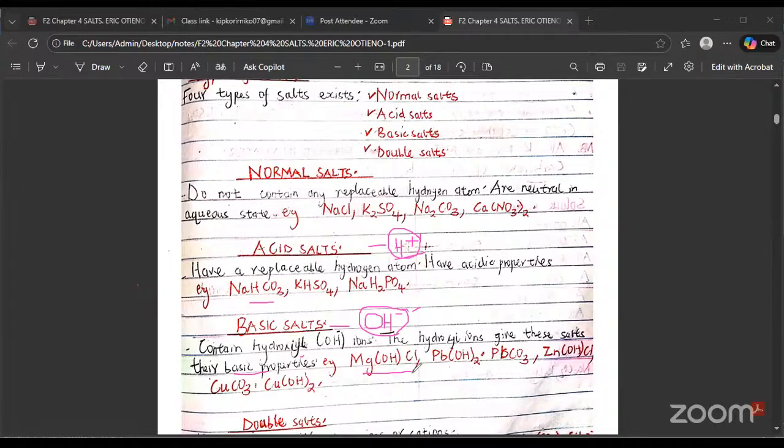So writing it. Let me just write one for the sake of understanding better. So this one is not actually magnesium hydroxide chloride or hydroxyl chloride. It is basic. Let me write this one in full. I hope you allow me. I know time has already moved, but it is better to understand a few things.